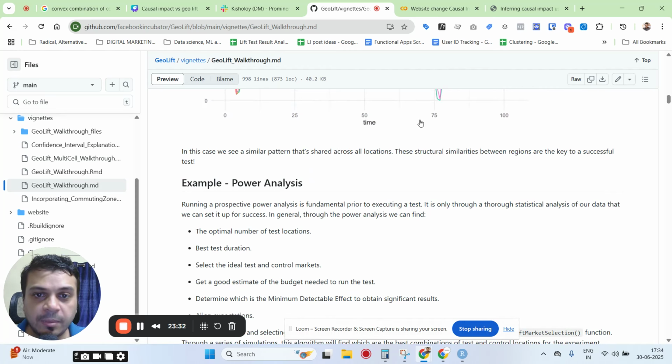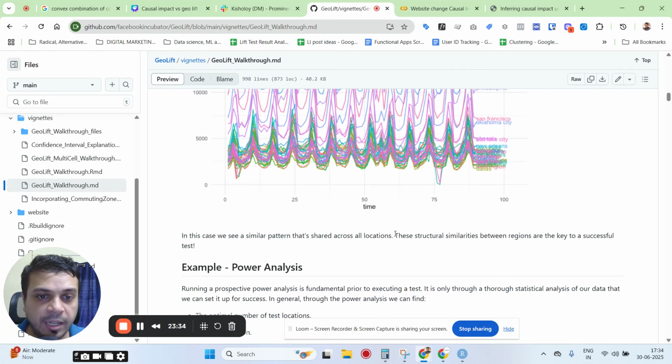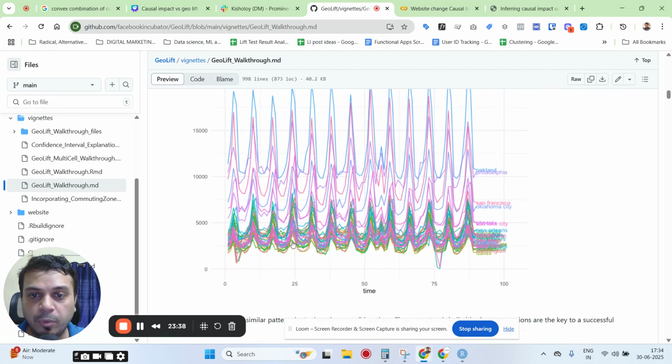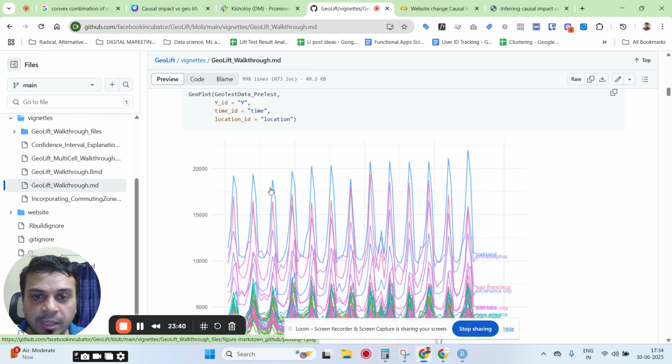This gives us a pattern, and you'll see that there are shared structural similarities between the different regions, and this is important. Over time they vary in a very similar fashion. This is one of the requirements of the GeoLift test.